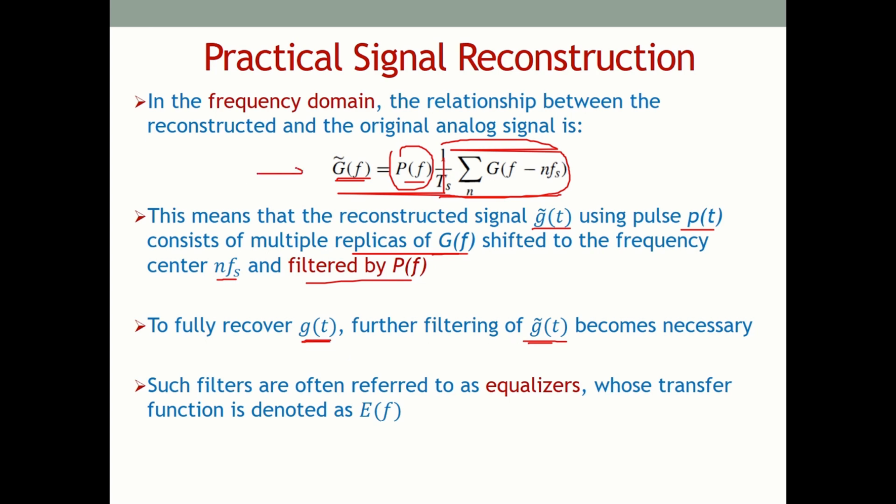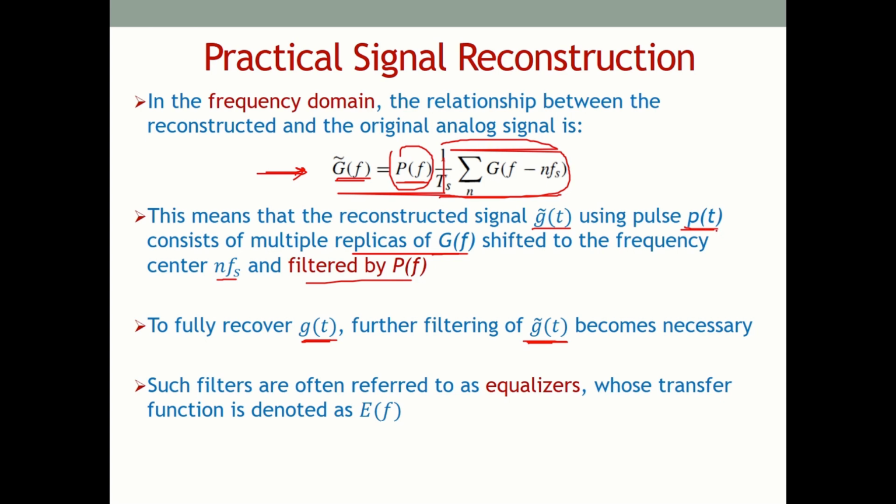Until now we have performed sampling using the pulse shape p(t), and the expression of that sampled signal in the frequency domain is given here. Now we will see that to obtain g(t), the original analog signal, from G'(f), we need to use some filtering mechanism. Previously we simply used a rectangular filter, but now we need a different shaped filter because the pulse that was used to sample the signal is now different.